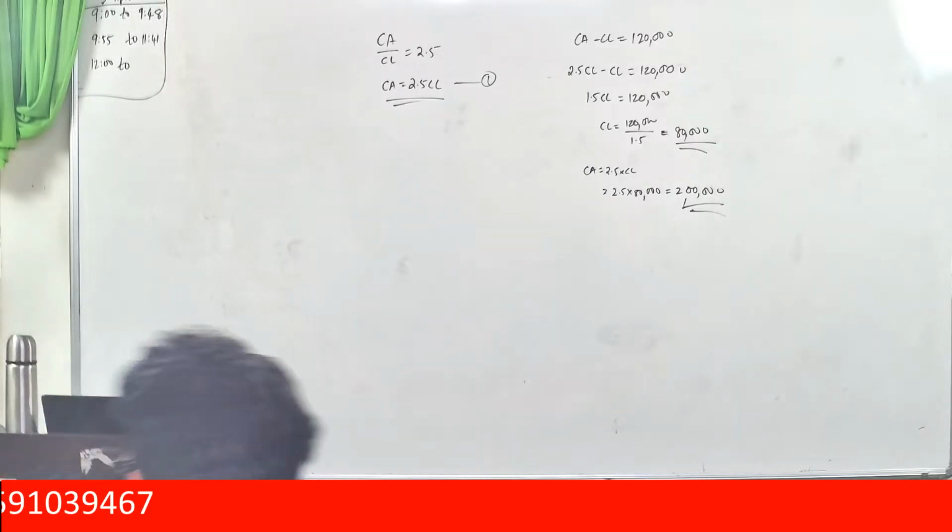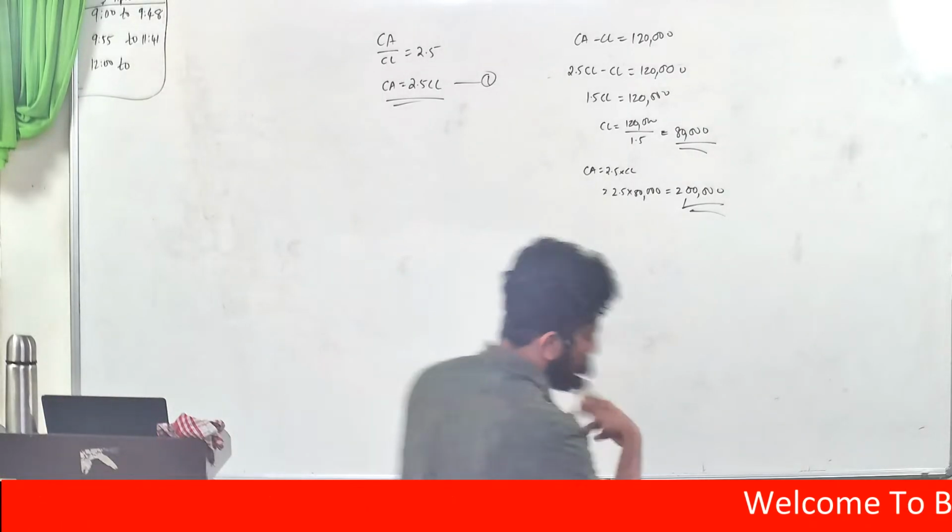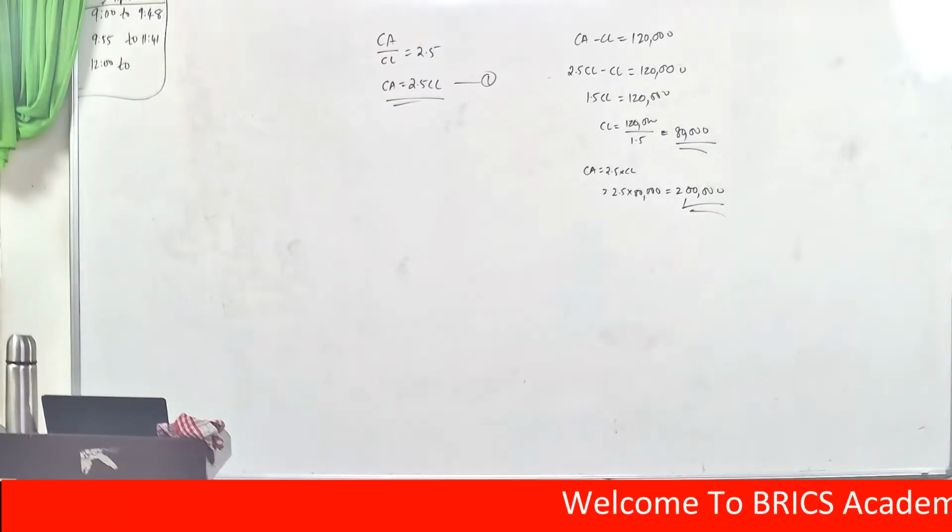Because this adjustment is normally seen in every question, guys. CA CL relation they will give you. Use them to find CA and CL.